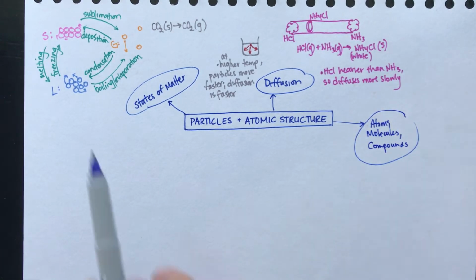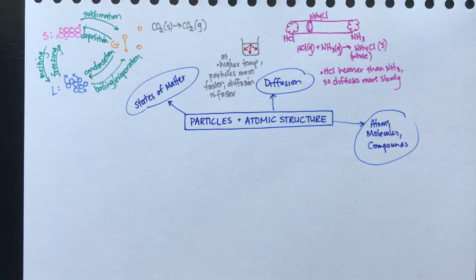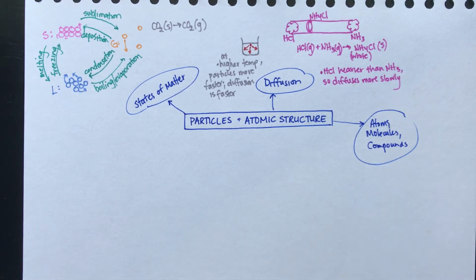Okay, so for solid liquids and gases, we simply drew each particle as one circle. And that's true if we're talking about something like a noble gas that only goes around as one atom. But many, many substances travel as molecules, or are even compounds where there's more than one type of atom in the sample. So let's do some definitions first, and then we'll draw some pictures of these.